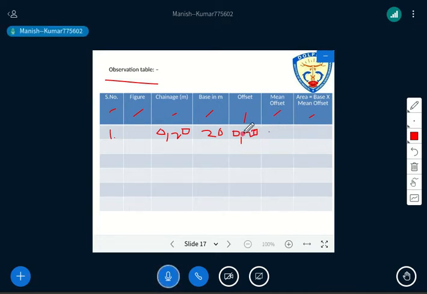Obviously you know that you have to add it and then divide by 2, right? So you'll get the mean offset. So that could be 10, and then we will apply this area: base into mean offset. You have to multiply this base into mean offset, you will get the area here.